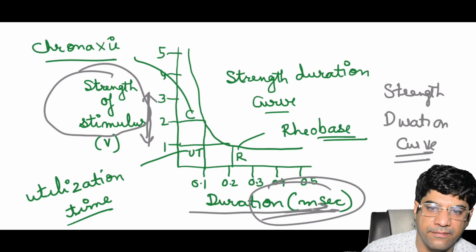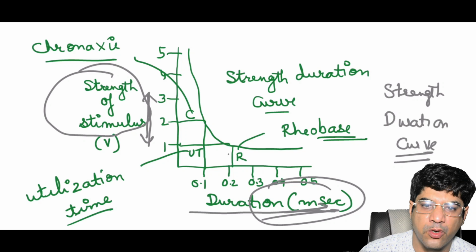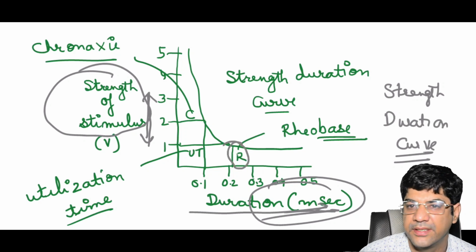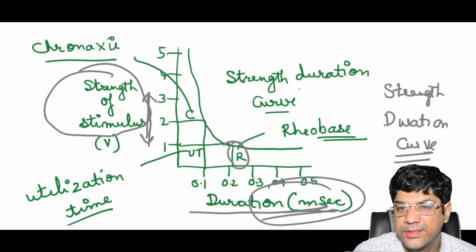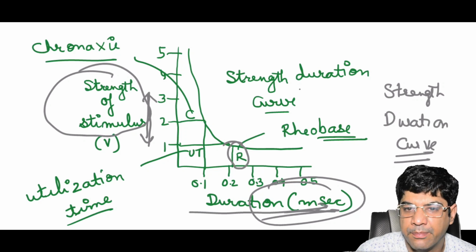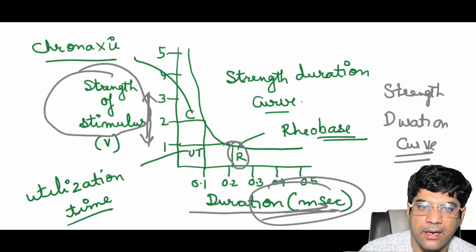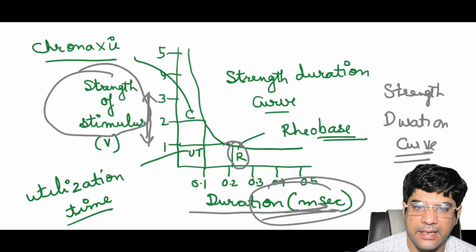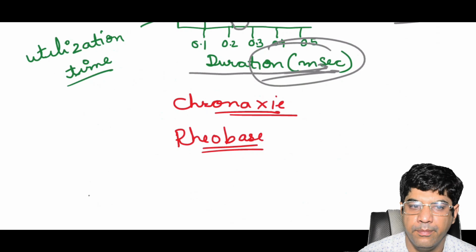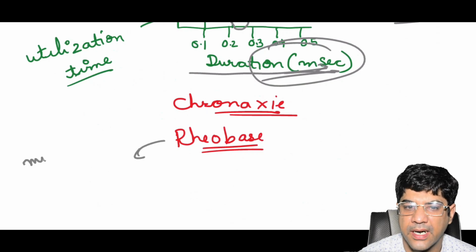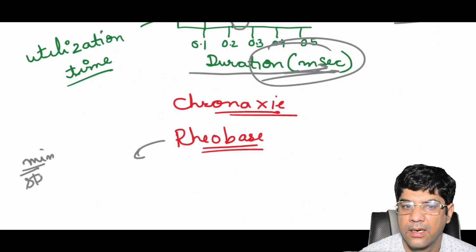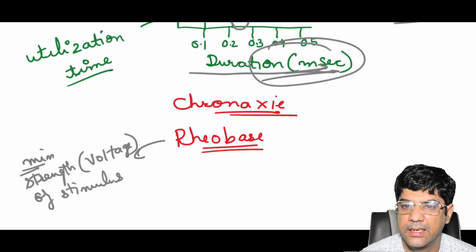So first of all, the feature that you will see is the rheobase. So this one is the rheobase. What is rheobase? Rheobase is the minimum strength, measured in voltage, of stimulus that can excite the tissue.